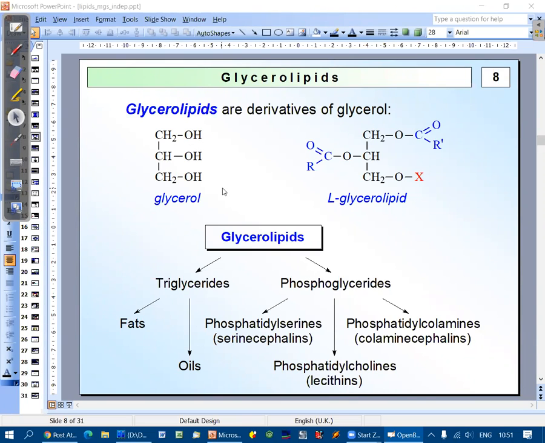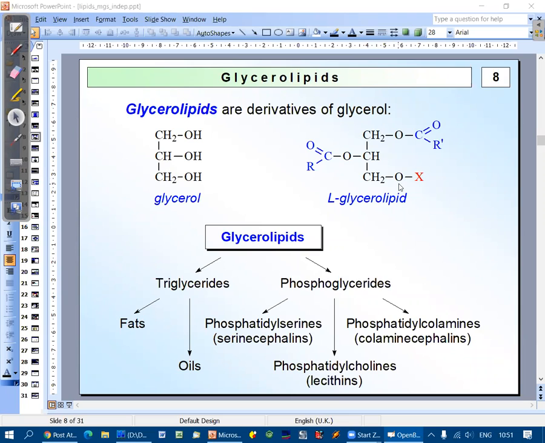But when you esterify OH groups with the residues of, well, any, it can be fatty acids or phosphoric acid, any, it becomes chiral. Because this carbon in the center of the molecule of glycerol has four different substituents now.